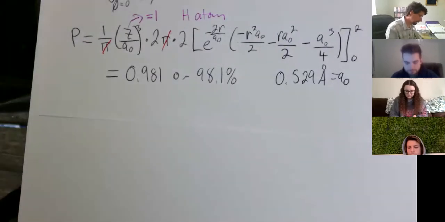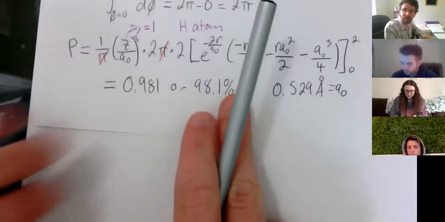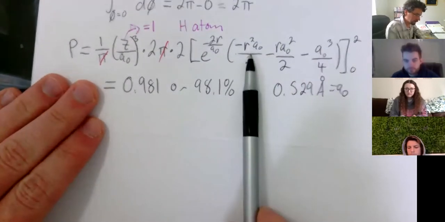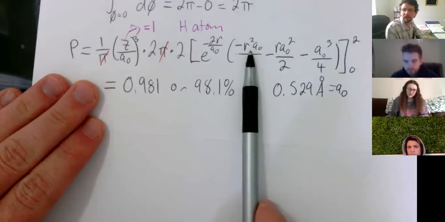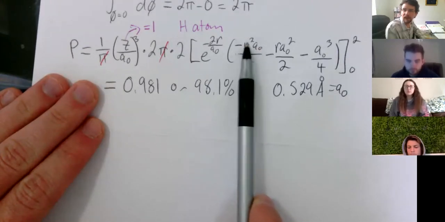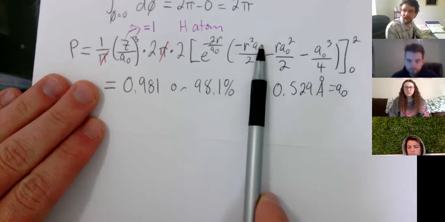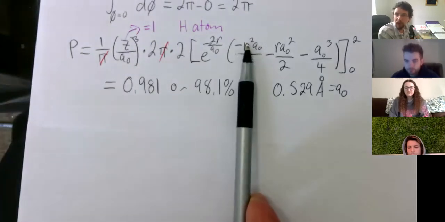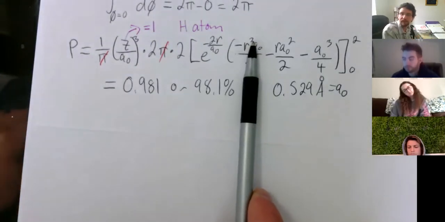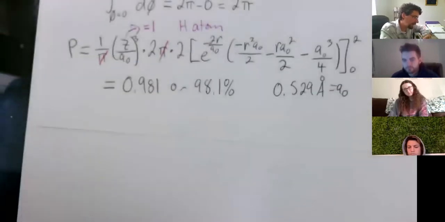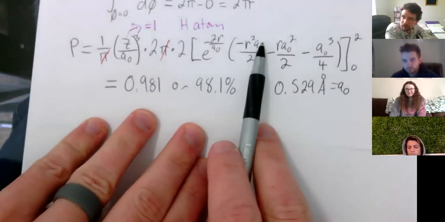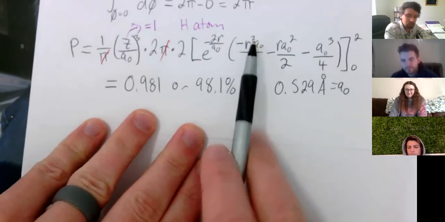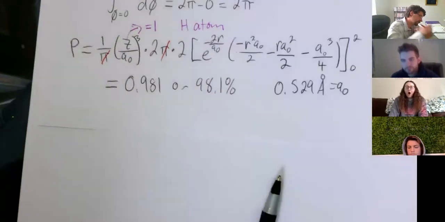That's a good question. So R is in what unit again? Angstroms. Yep. So we have angstroms squared times angstrom. What's that get us? Cubed. Yep, we're going to get an angstrom cubed here.